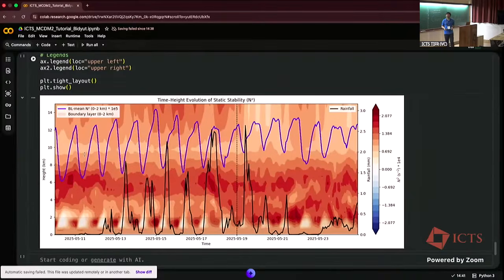I don't know why near the surface it is positive and it doesn't show the diurnal variation. We can see the diurnal variation at height levels between 1 kilometer and 3 kilometers, but below that, near the surface, it doesn't. Can I comment? That is probably because this is Bangalore, right?